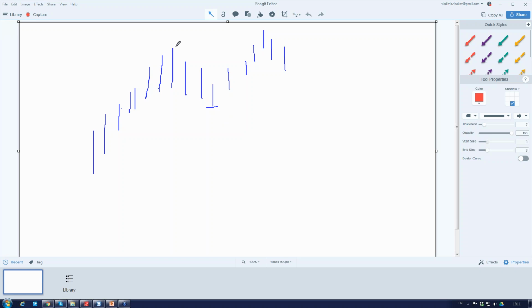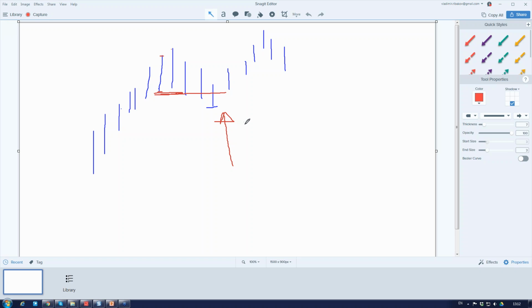It has to break below the last 2 candles low. What are the last 2 candles on that move? This and this. The last two candles that create higher highs and higher lows. That's why they are the last two. They are still creating higher highs, higher lows. That's the high, that's the high, that's the low, that's the low, and this is the level that has to be broken, and it is broken. If it did break it, that means that this correction is valid.